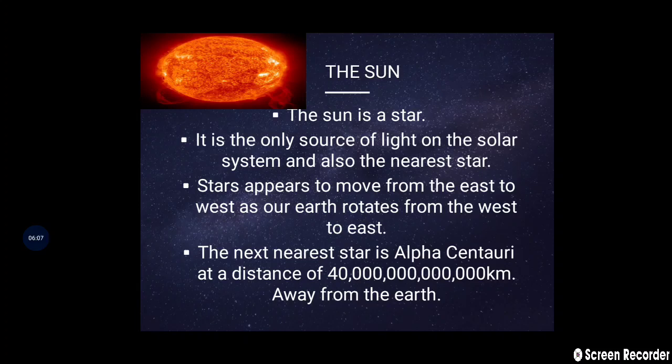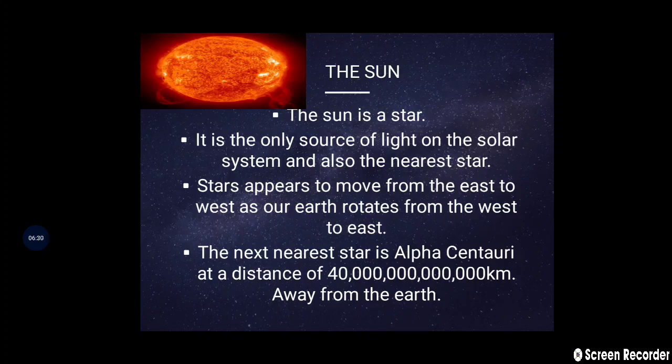Now, the sun is the nearest star. So what about the next nearest star after the sun? The next nearest star is called Alpha Centauri, at a distance of, you can see the number of zeros, 340 trillion kilometers away from the earth.